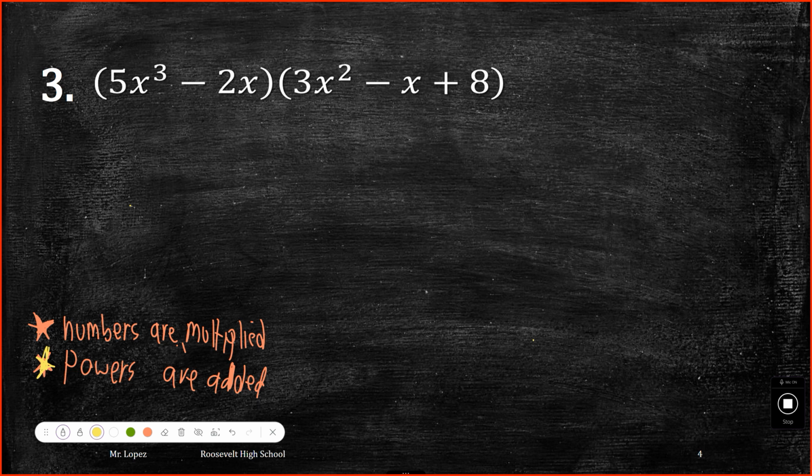Numbers are multiplied. 5 times 3 is 15. Powers are added. What is 3 plus 2?